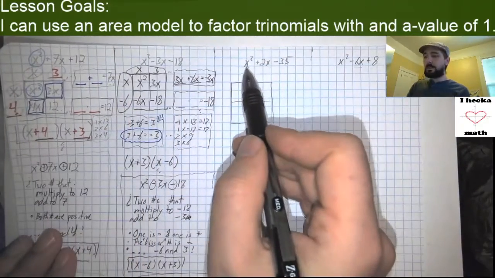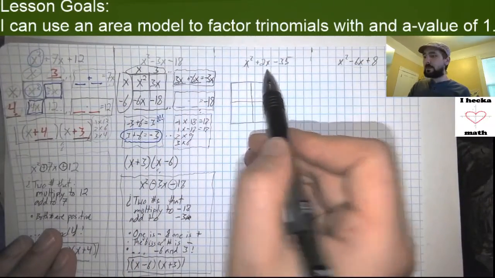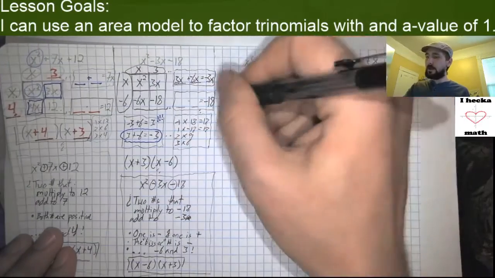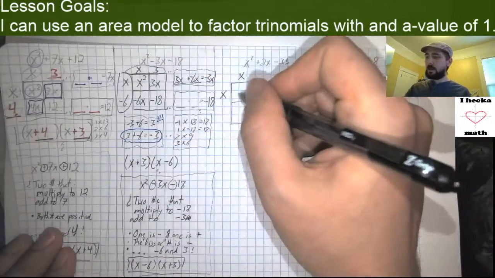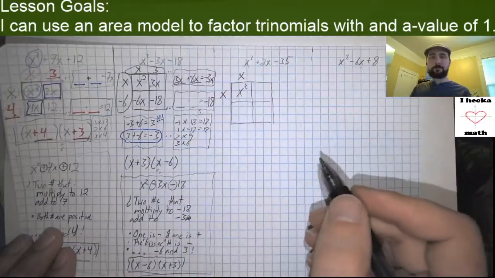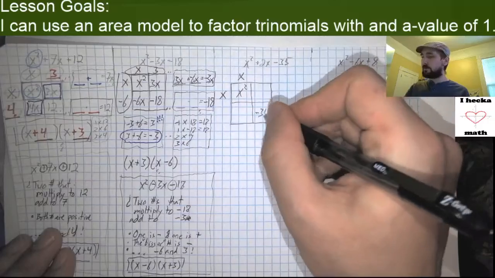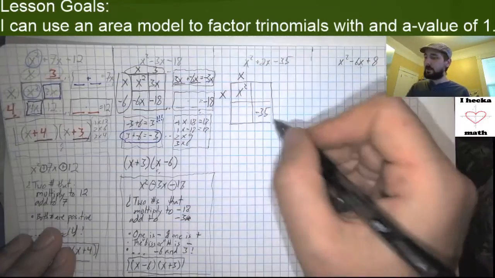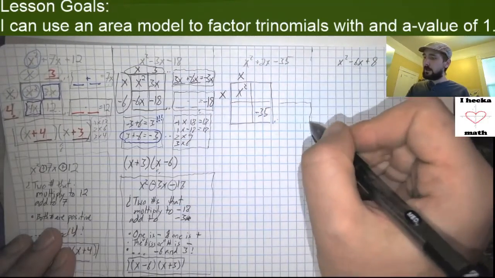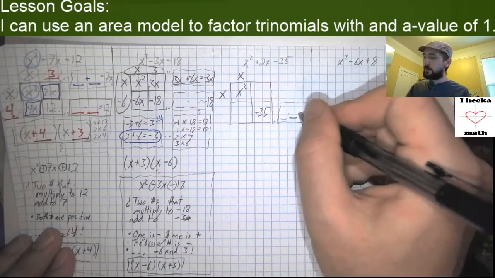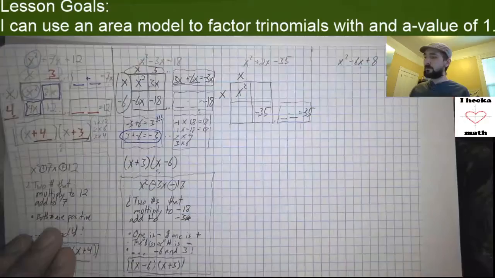So this is x squared plus 2x minus 35. I know there's going to be an x here and an x here, and this is going to be x squared. I know the minus 35 is going to go here, and I see another minus sign. So I know in my thinking, this is going to be some positive number times some negative number to get to negative 35.